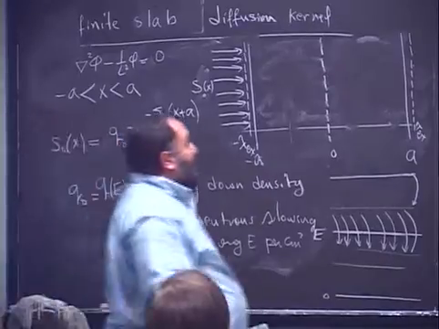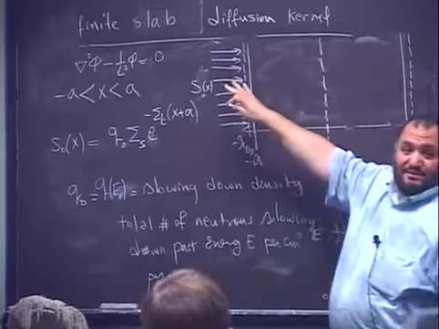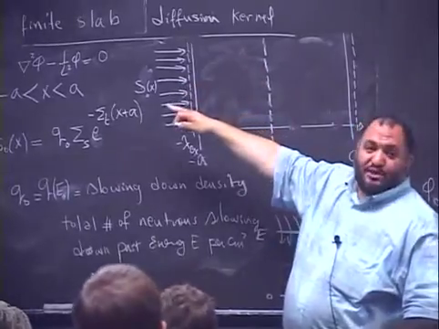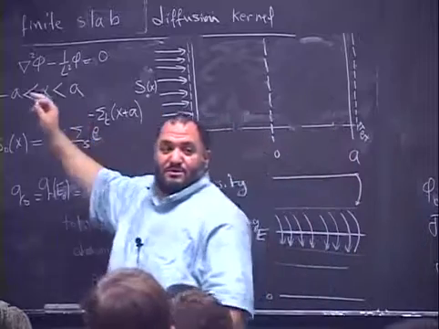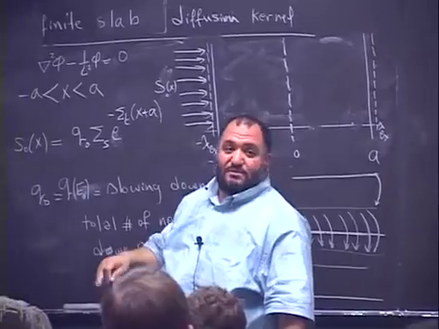And now, at this other side, you expect neutrons from here, yes? There is absorption because the diffusion equation has absorption. What is the absorption term in the diffusion equation? 1 over L squared.